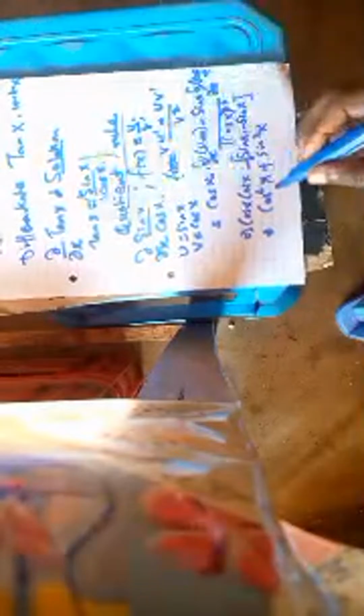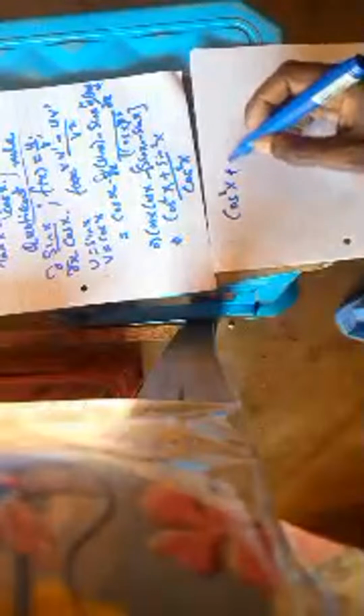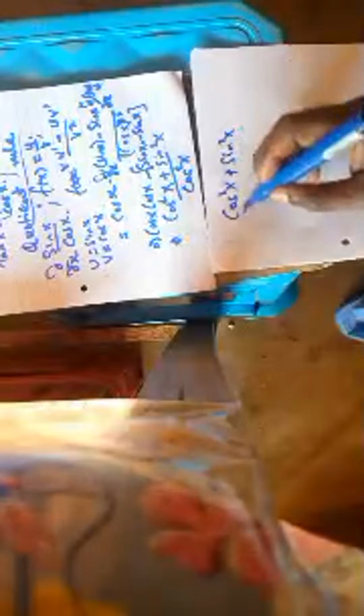So, of course, in the denominator, I have cos squared of x. So let me transfer it here. I have cos squared x plus sine squared x over cos squared x.